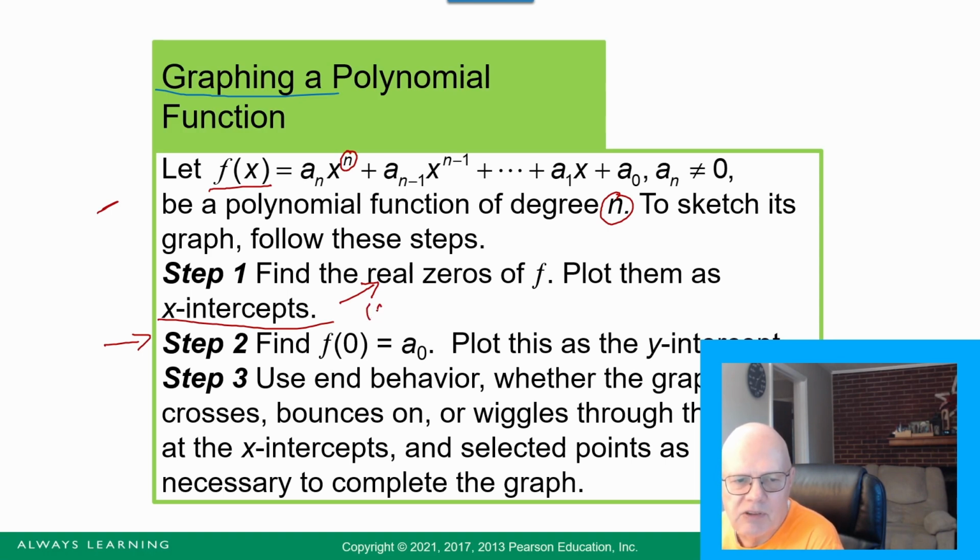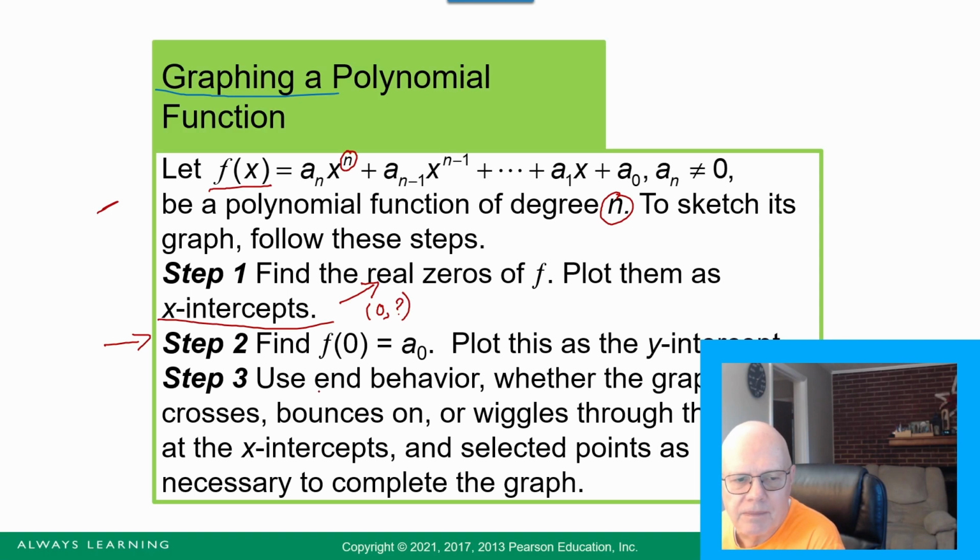So put 0 in for x this time and find out what that coordinate is. That's going to be very easy. It does give you the y-intercept, and there will only be one. That's good news too. Whereas you might have several different real zeros or x-intercepts, you can only have one y-intercept because it's a function.